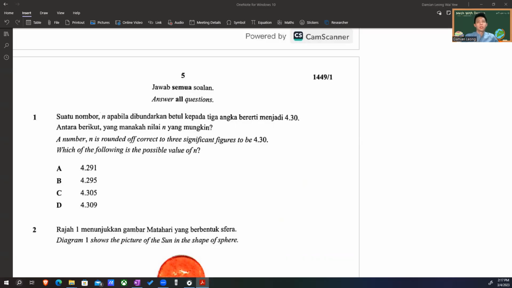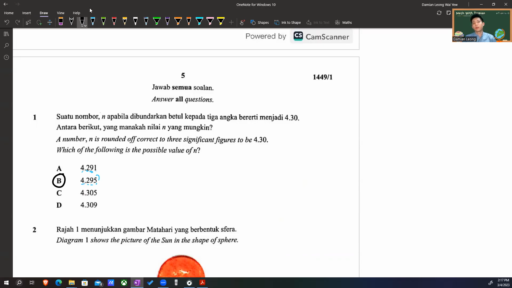This one is not, because the next number after the third significant figure is 1, so it will round down to 4.29. Whereas this one, 4.295, the next number is 5, so it rounds up, becomes a 10 here, so carry over to 4.30. So the answer would be B.